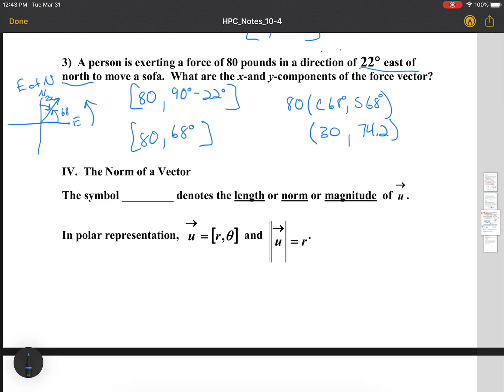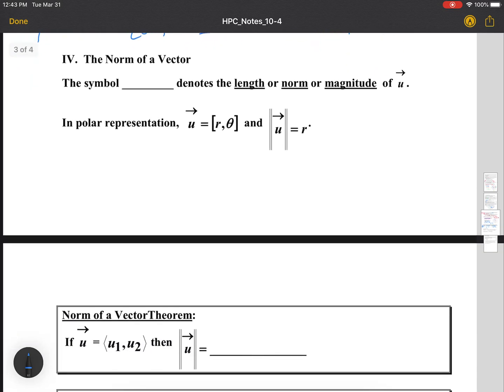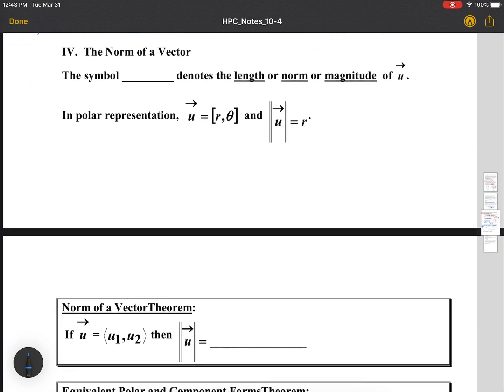Now, moving on down to what a norm of a vector is. It's going to look like something that's absolute values. So it's just our vector u, and it has absolute value type bars around it. It denotes the length or the norm or the magnitude of u.